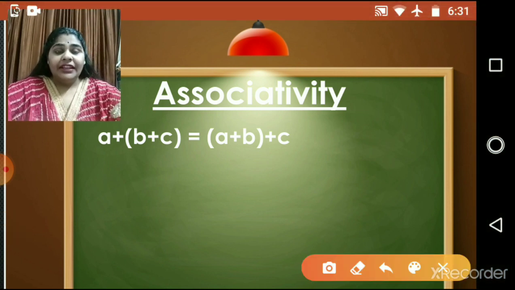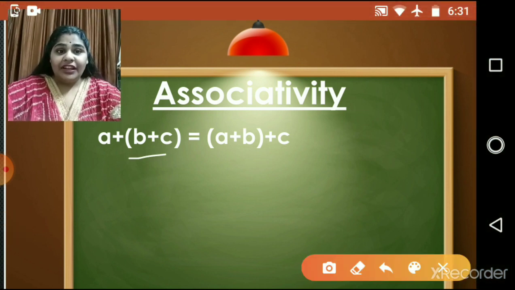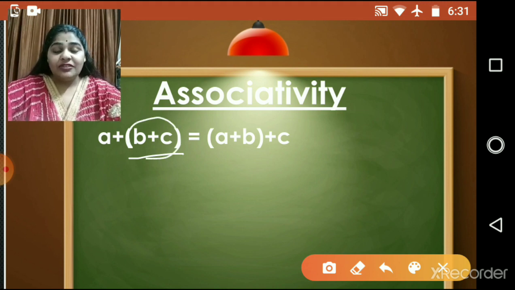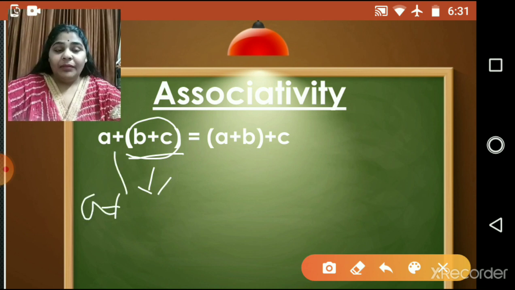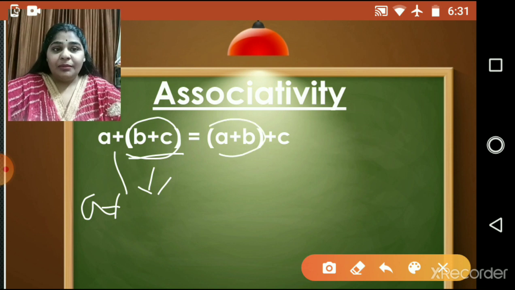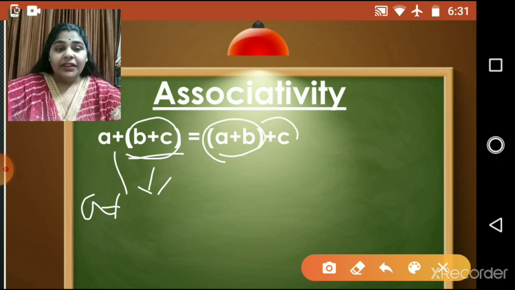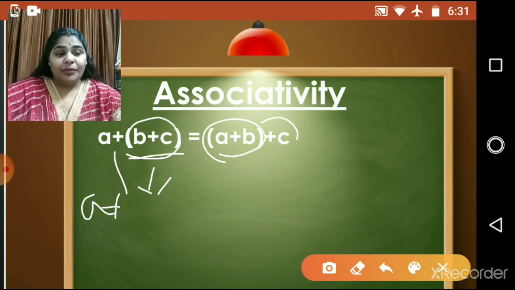That means in the previous one, if you see here, I have grouped b plus c. That means this bracket I will solve first, and whatever sum comes, to that I will add a, right? But here the first two rational numbers are added and the third one is then added to the sum of that. But still the answer will be the same, children. So this is the property.